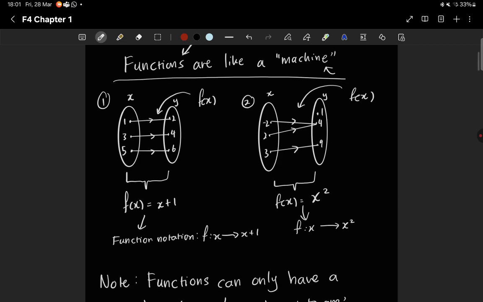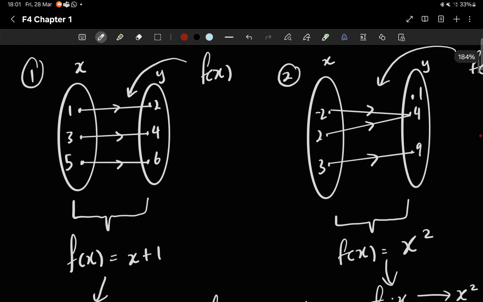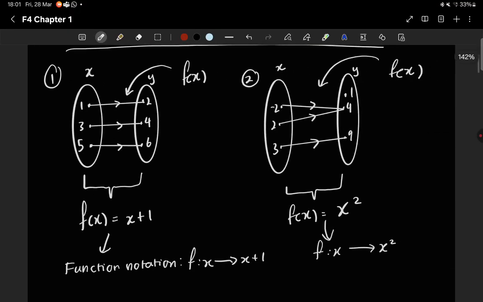Maybe to visualize this even better, we can have a look at these two examples of sets that I've drawn over here. Let's look at the first example. In the first example, we are given two sets which are x and y.